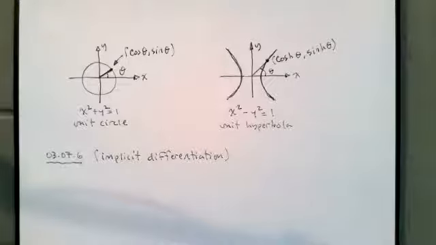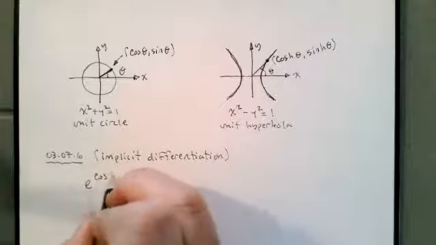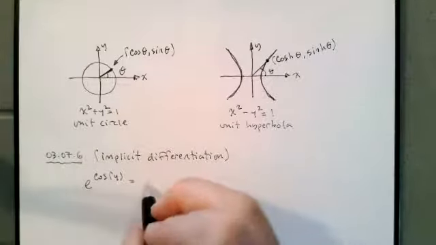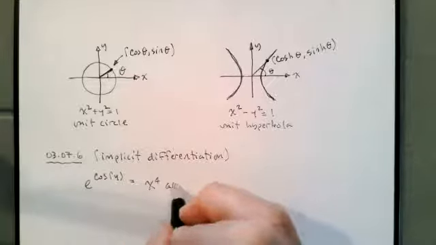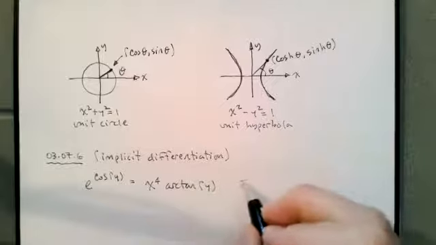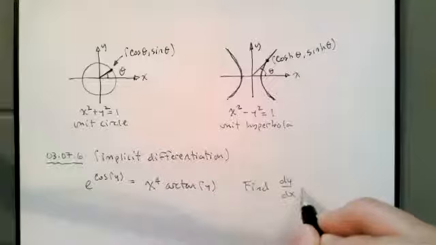We've got e to the cosine of y equals x to the 4th arctangent y. And we want to find dy dx.